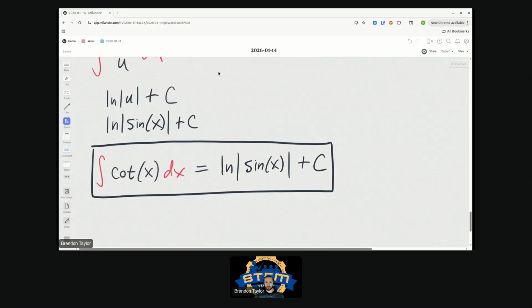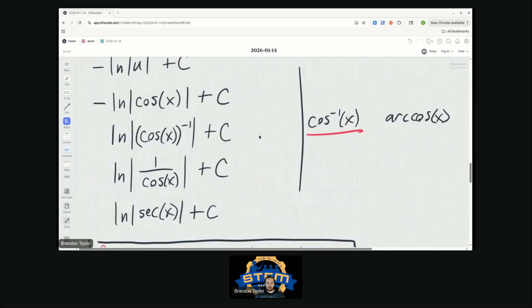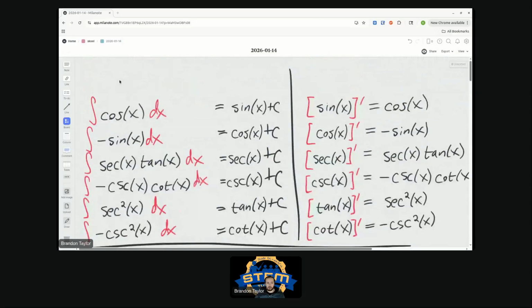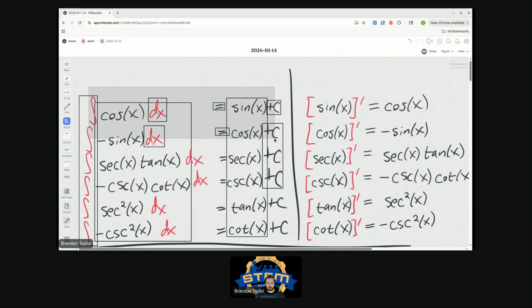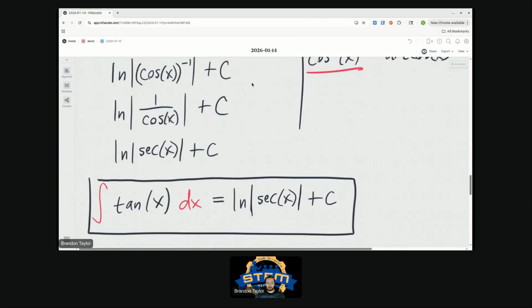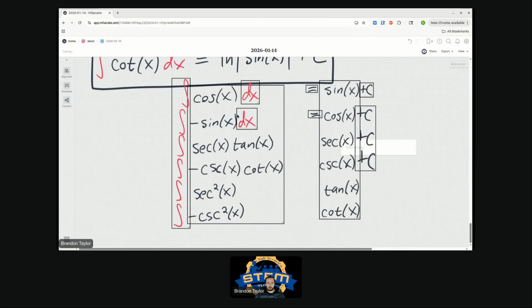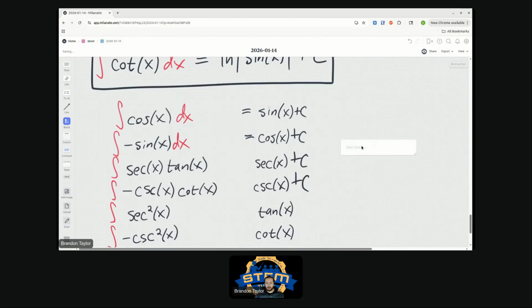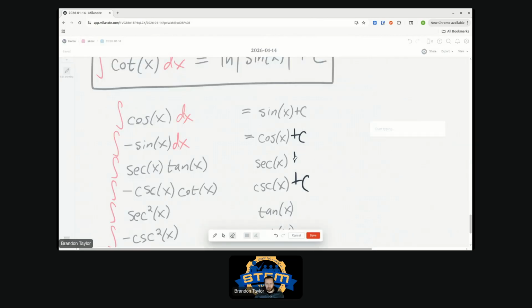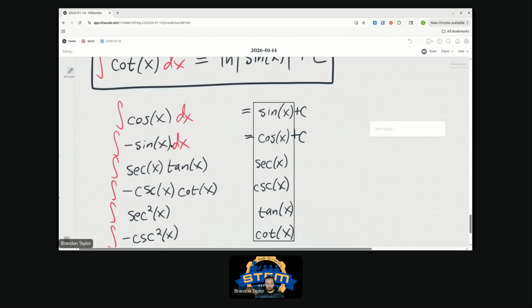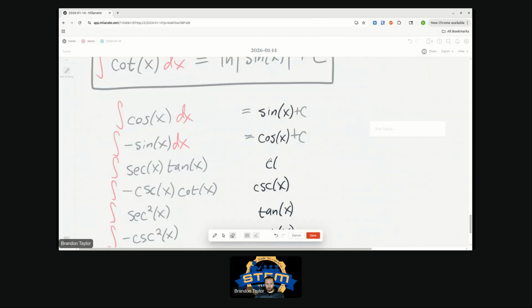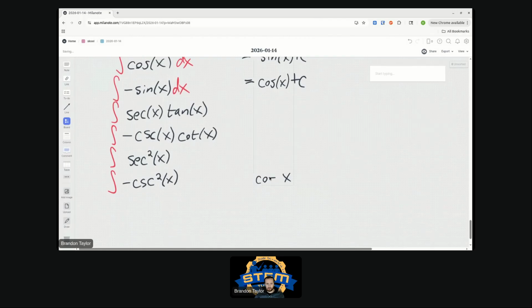And then putting these all together, let me consolidate everything that we've talked about here. Let me pull these down to start, and then get rid of these plus c's, and then all this stuff.